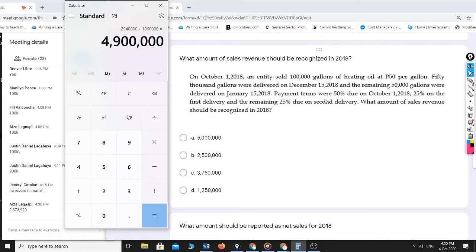So, our basis, number 1, if deliver na. Number 2, if there's already an agreement, okay? So, for example, the purchase commitment, wala pa na-deliver, but since committed na ang customer sa purchase commitment agreement, so it is good as sold also.